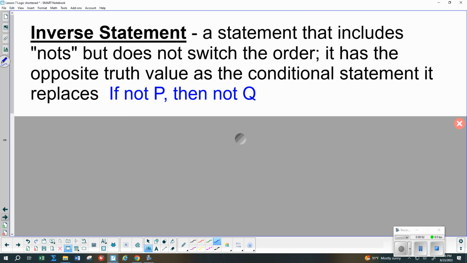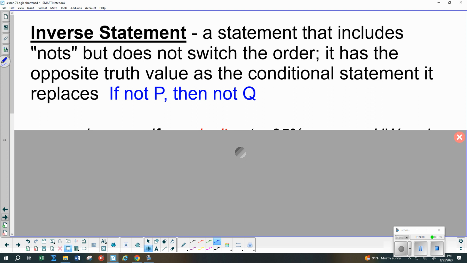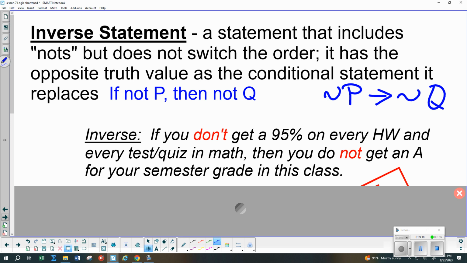It puts the nots in, but still keeps the same P first and then the Q. So we started with if P, then Q. The inverse, same order, P first, but it's not P, then not Q. We started off with if 95s, then an A. So this is going to be if not 95s, then not an A.